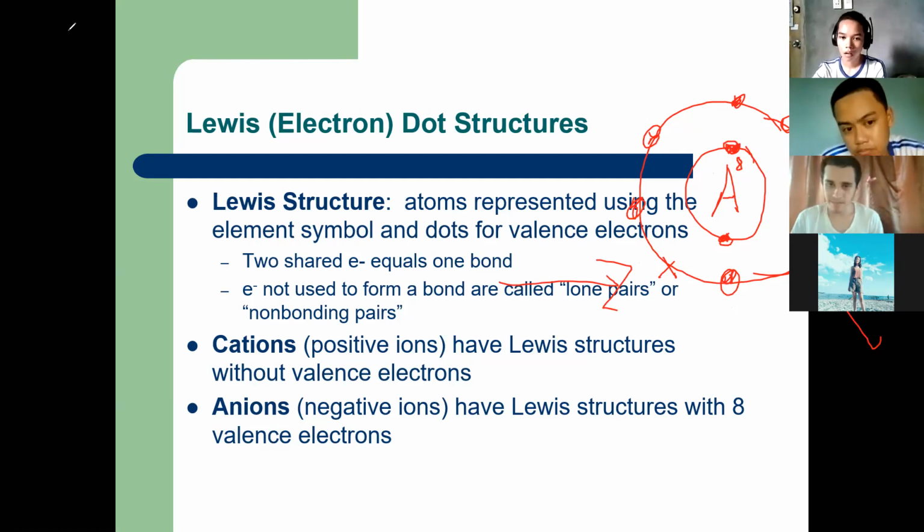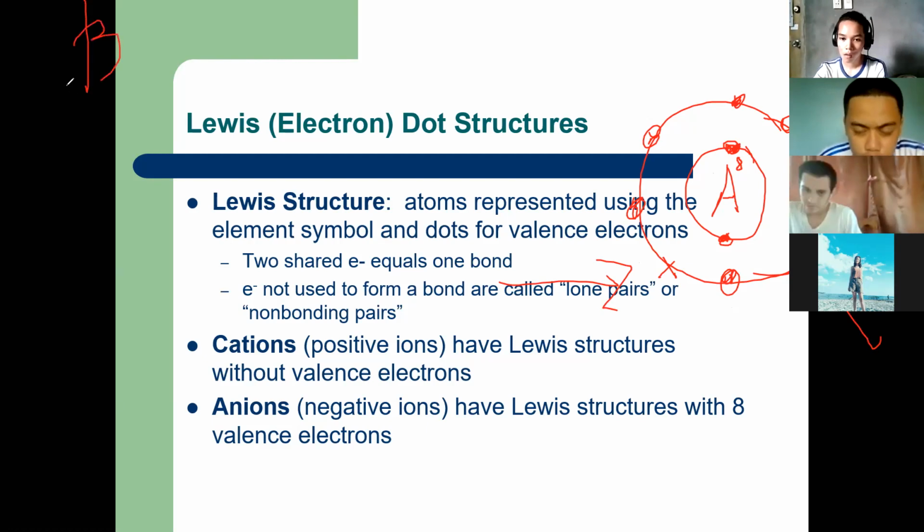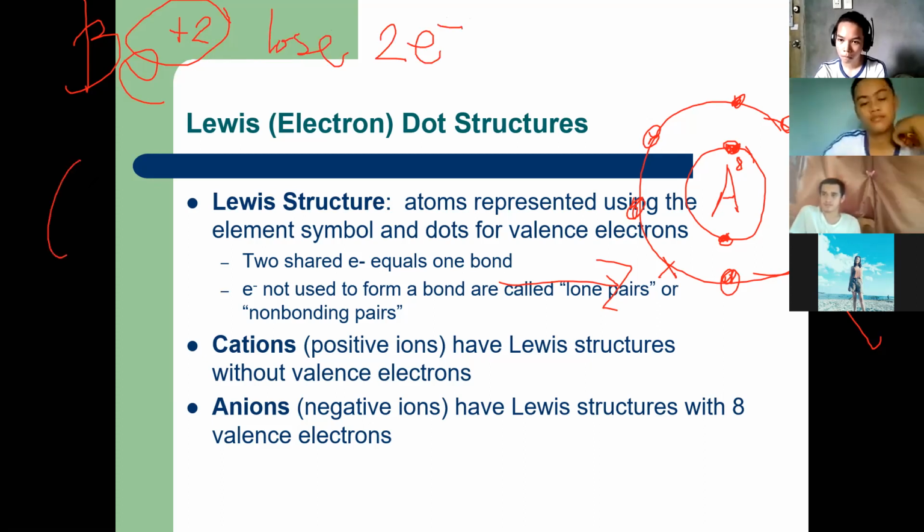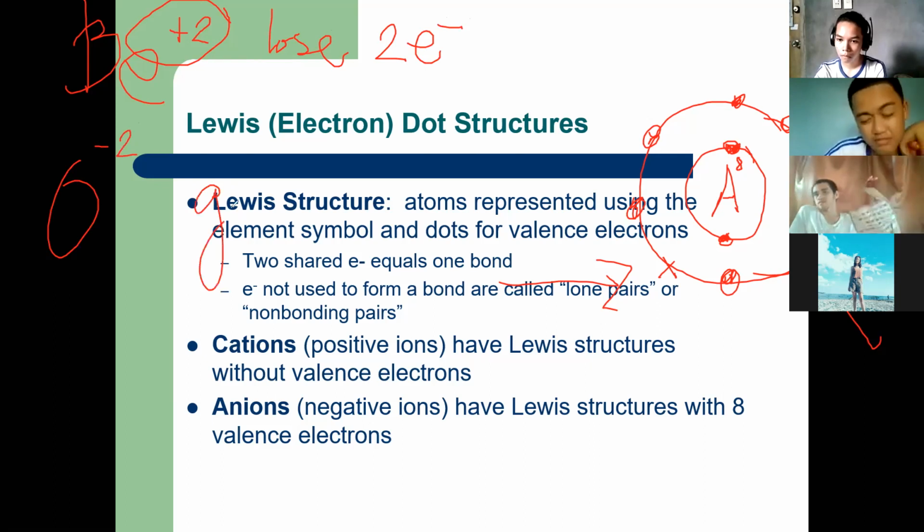Okay? So let's understand it further, class, when we discuss this lesson. The ionization +2 means that it will lose 2 electrons. The ionization of oxygen, which is -2, means that it will gain or receive 2 electrons.